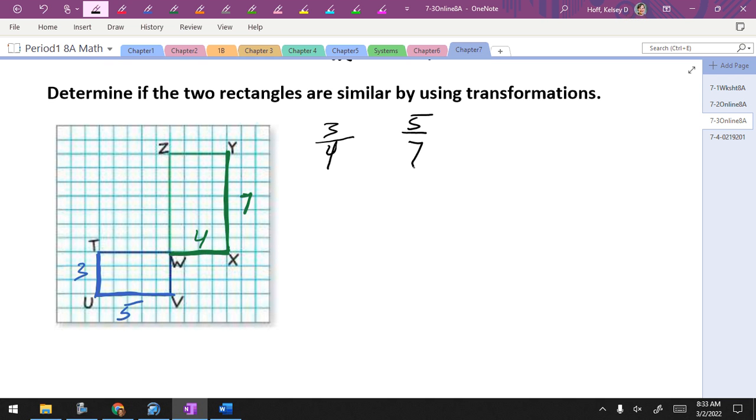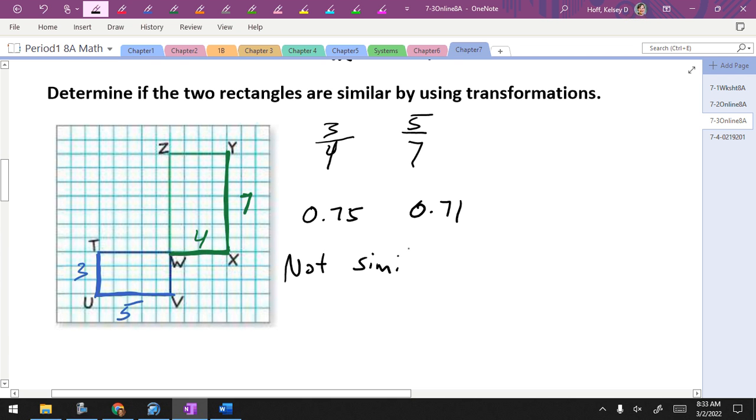Three divided by 4, you get 0.75. 5 divided by 7, 0.71. What do you know? They're different. So what does that tell you? Not similar. Very good. Not similar.